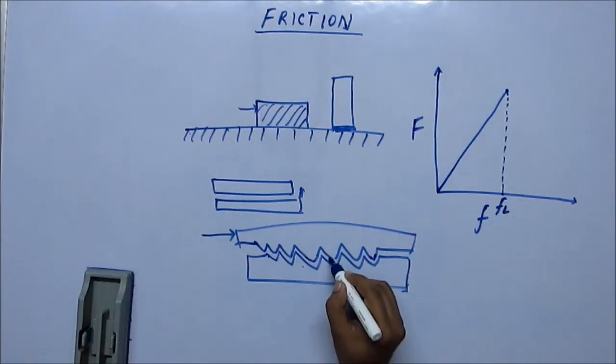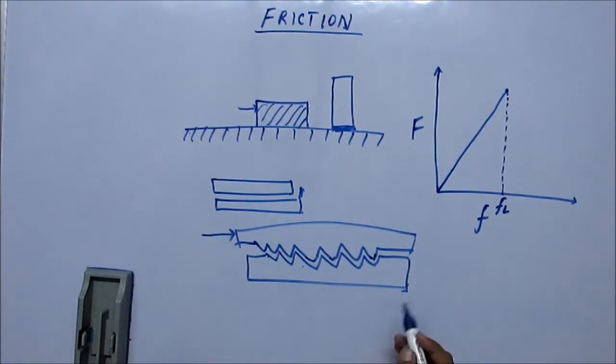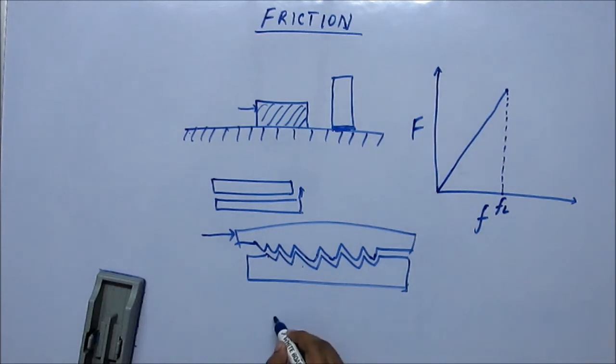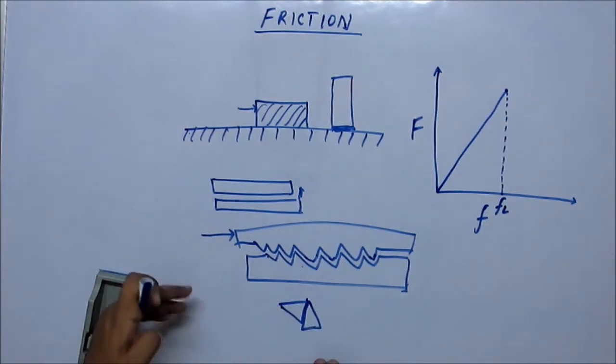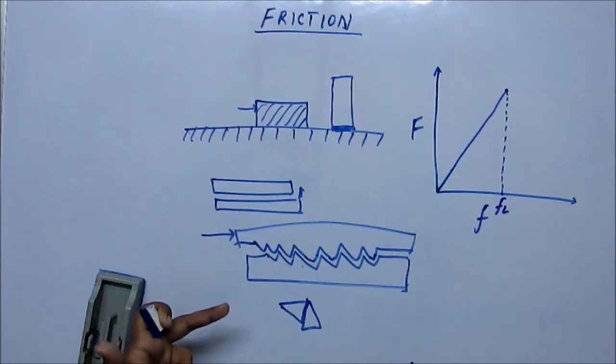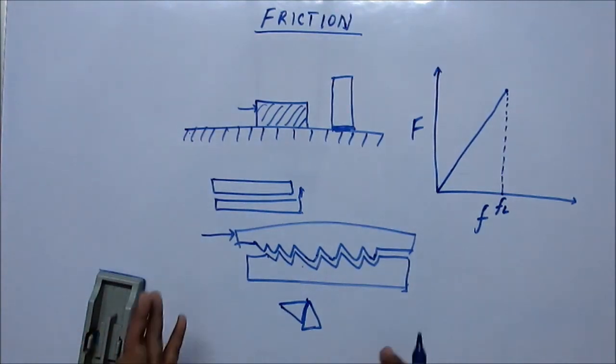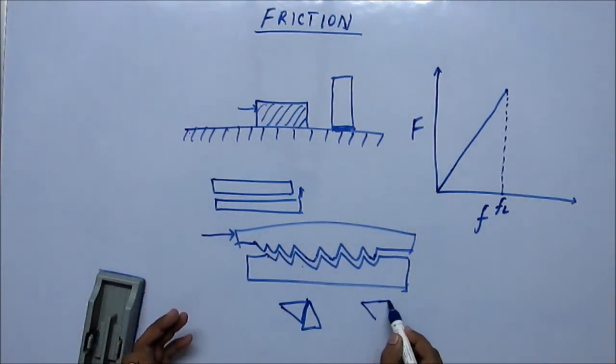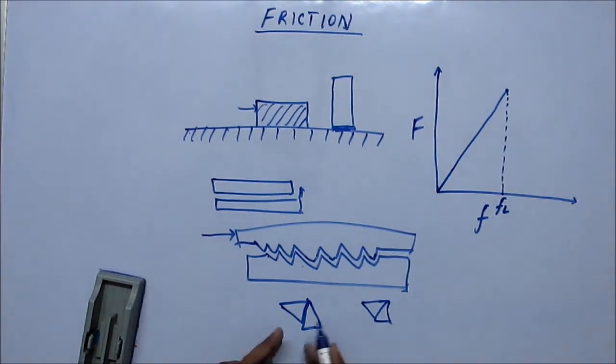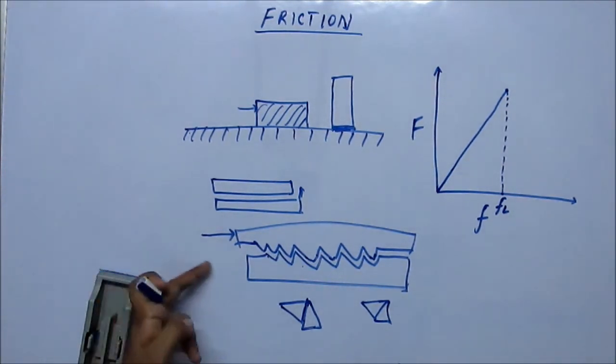When you apply certain force, they press against each other. Let's consider one of the interlockings. These two teeth get pressed against each other when you apply a little force, but it doesn't move. You increase the force, and the contact is still there, but these straight teeth bend because of the stress caused by the applied force.